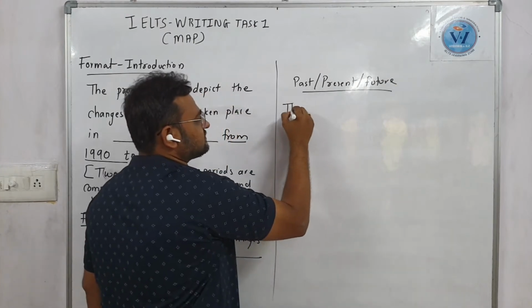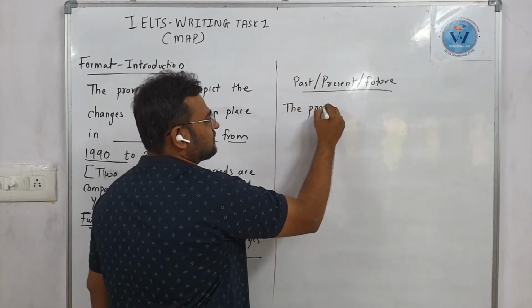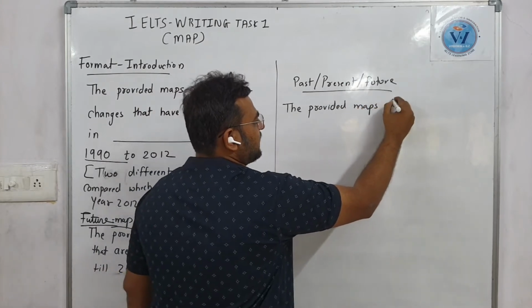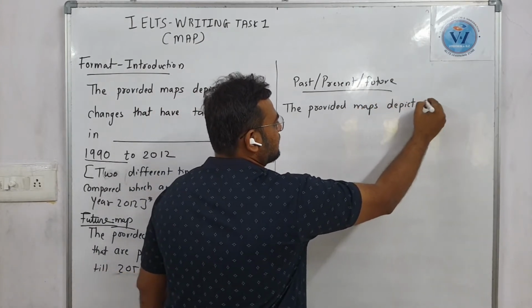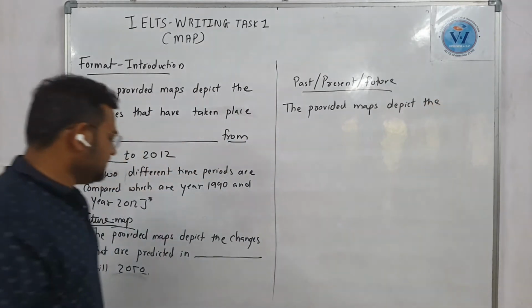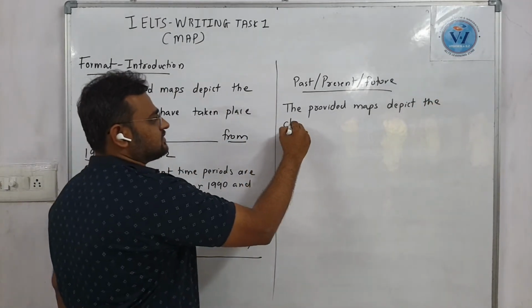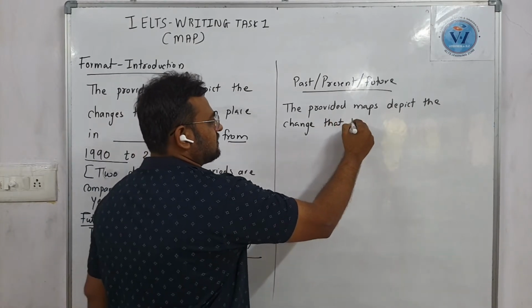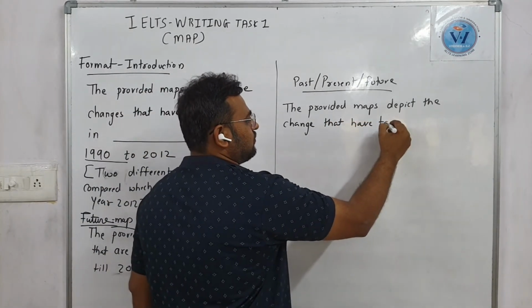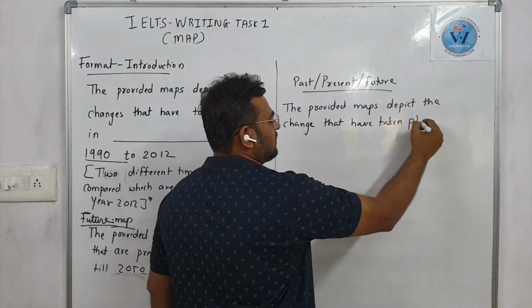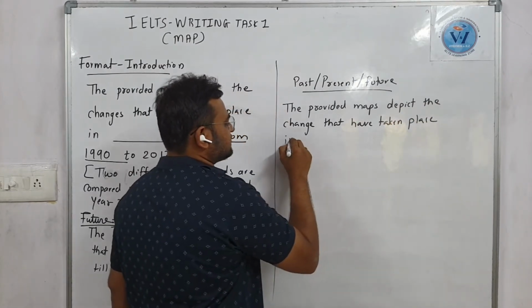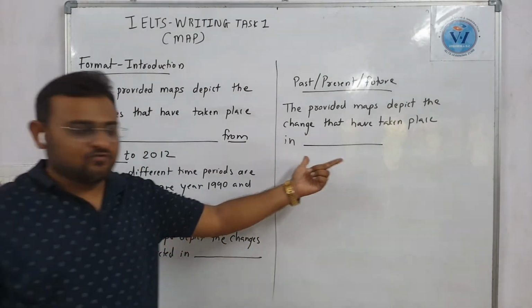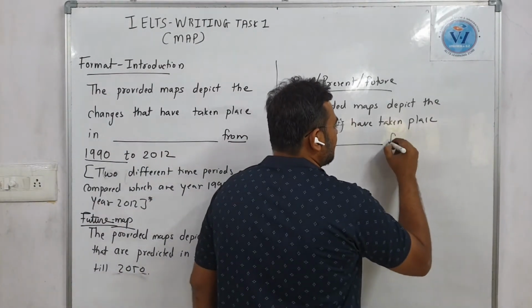Okay, in that case: provided maps depict the changes that have taken place. What the map is about, fill that blank. Fill the blank.